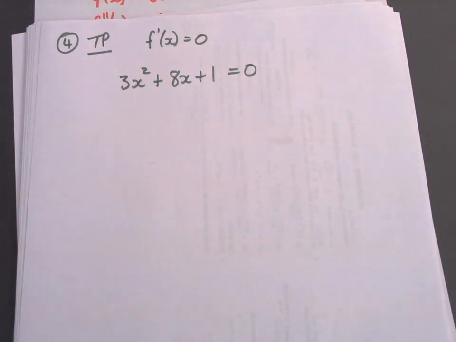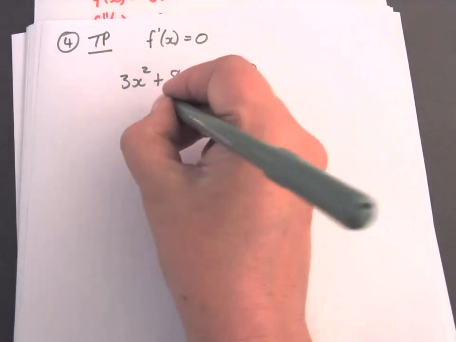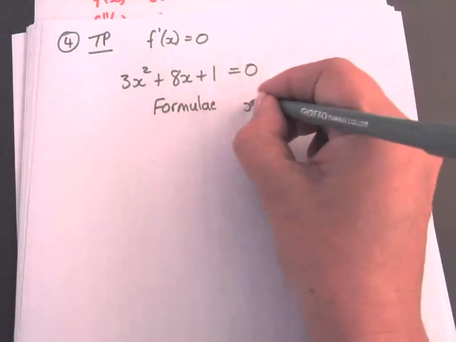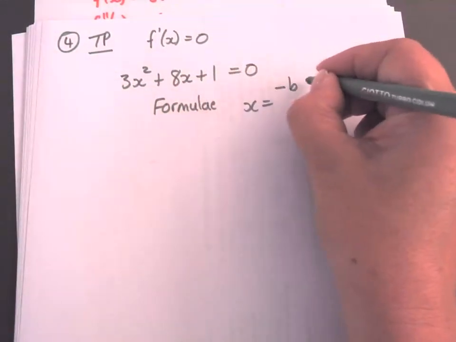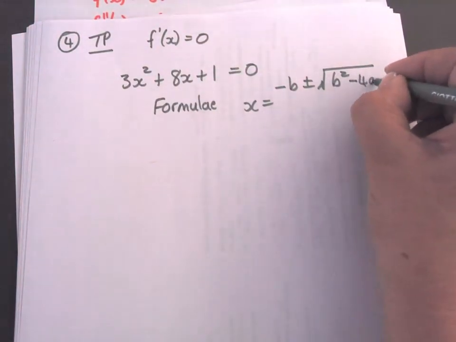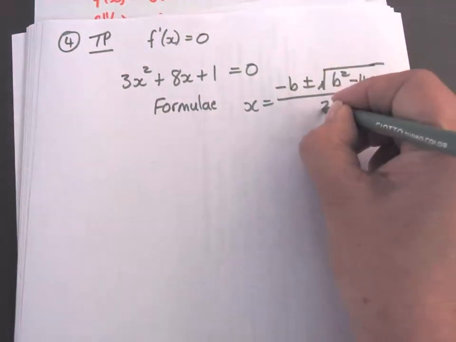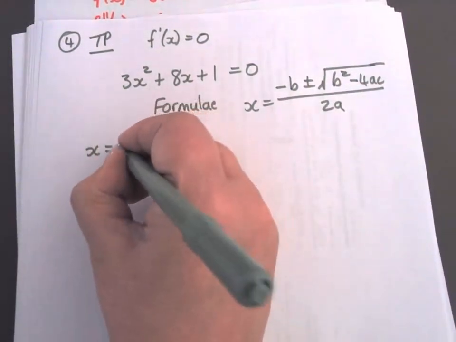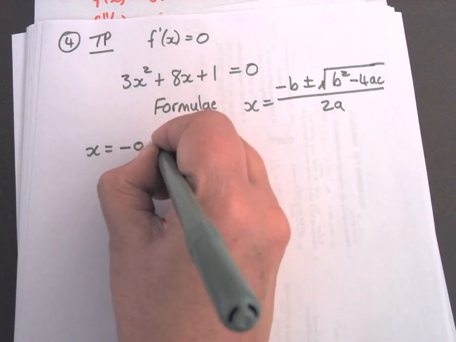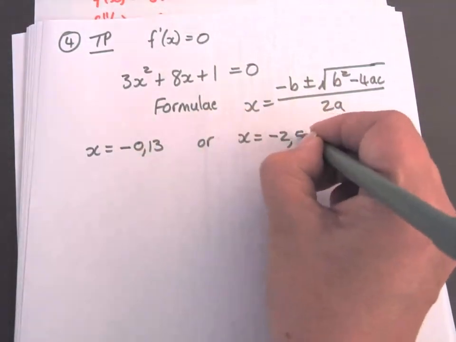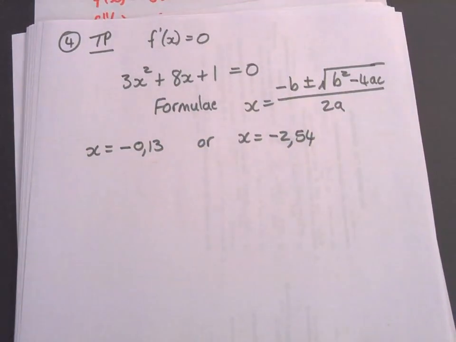So what do you do? You use your formula. x equals minus b plus or minus the square root of b squared minus 4ac over 2a. And then you get x equals negative 0,13 or x equals negative 2,54.